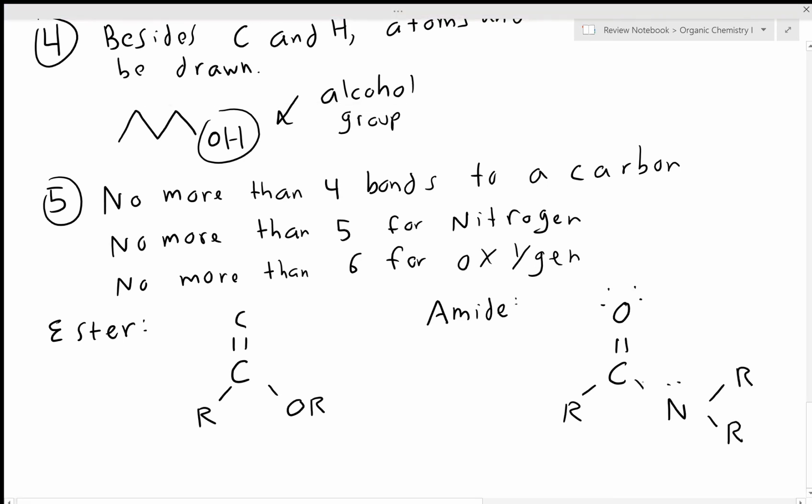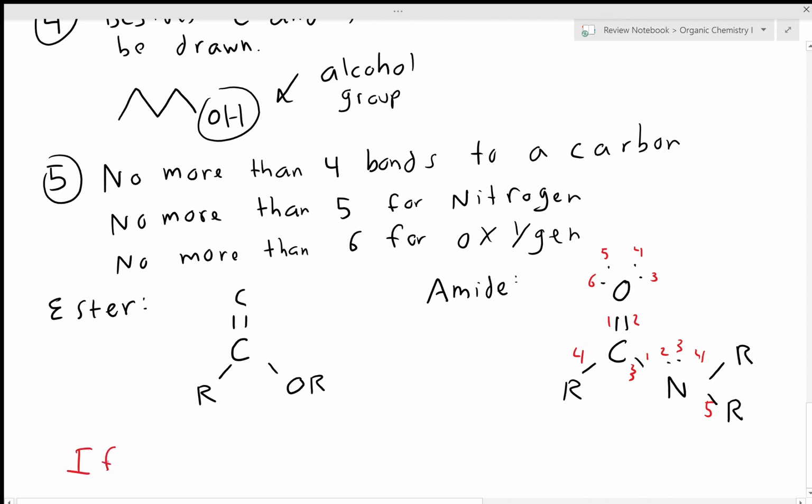So here we have 1, 2, 3, 4, 5 to the nitrogen, which gives you no charge. In your carbon you have 1, 2, 3, 4. And in your oxygen you have 1, 2, 3, 4, 5, 6.